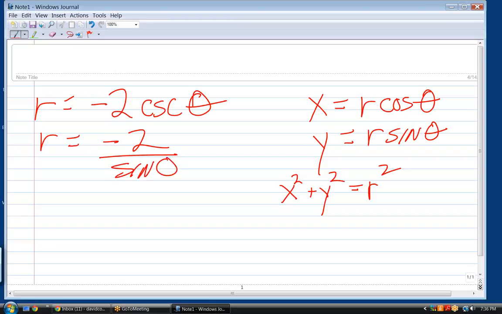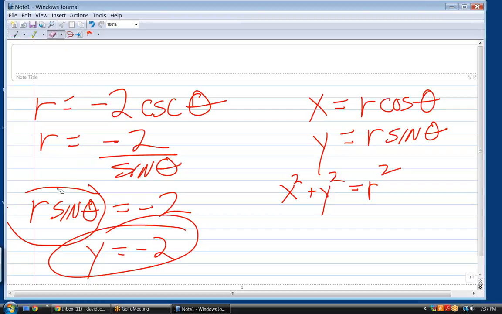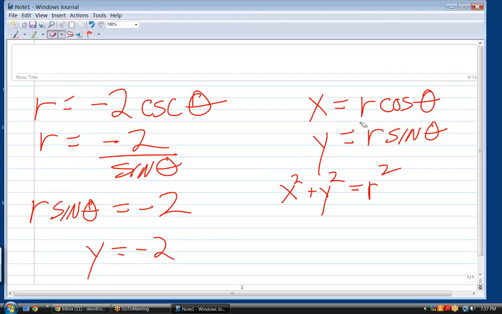Now multiply both sides by sine theta. And that is equal to y. So the rectangular equation is that. Okay? And that's the way we're going to do all of these, is we're going to use these three equations to convert from polar to rectangular or vice versa.